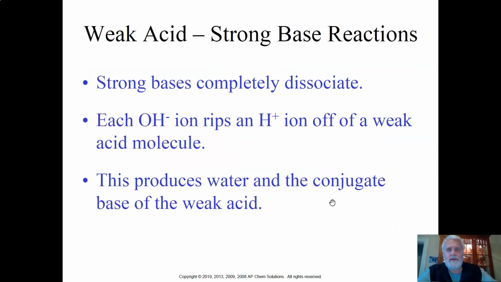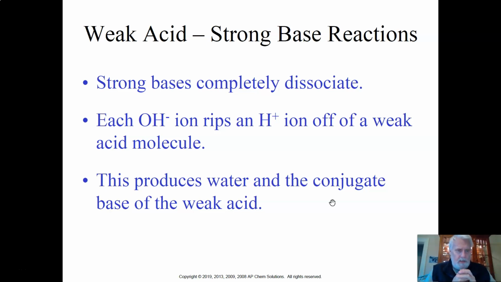All right. So if we were talking about weak acid, strong base, here's the thing. So you have a weak acid. I'm going to use this salt shaker since we were just talking about salt. This is going to represent a hydrogen. Okay.